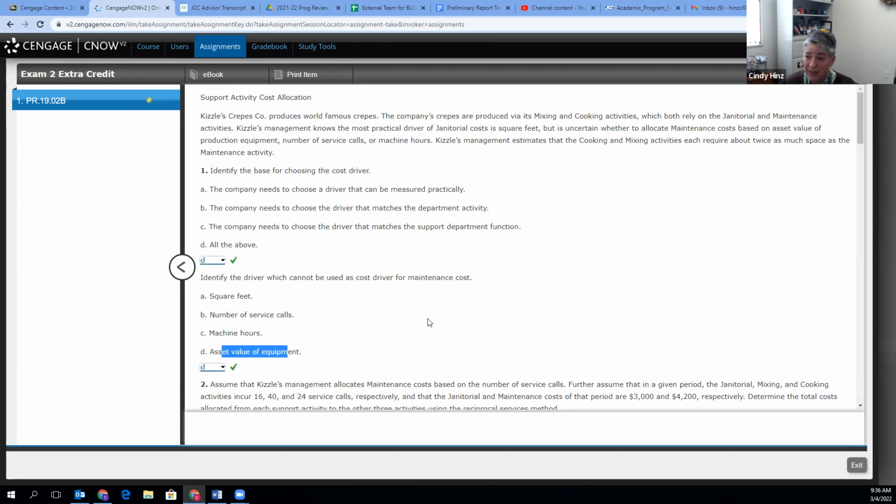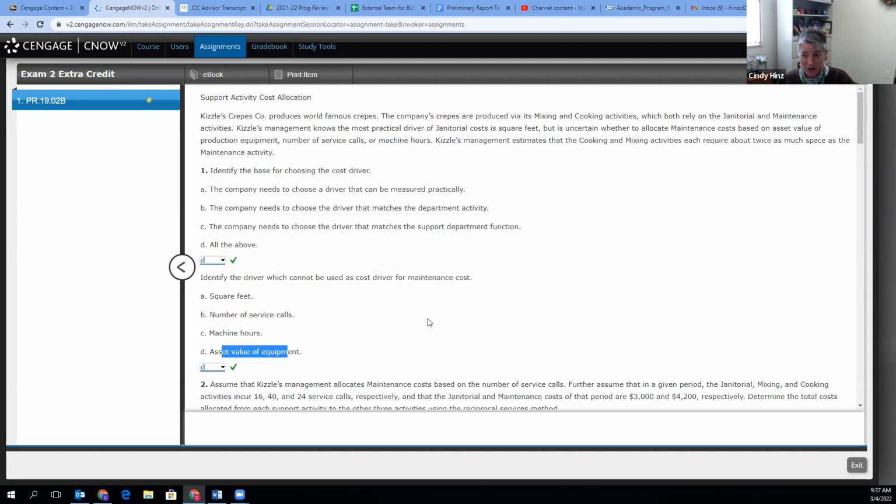the actual maintenance cost. The reason that one department might use more maintenance than the other doesn't. But the question isn't which one shouldn't be used, but which cannot be used. So I'm sticking with my answer that square feet is the best answer, simply because it generally would not make sense to use the same driver for both of the support departments.